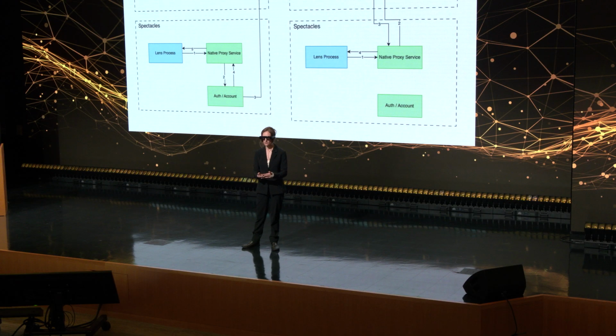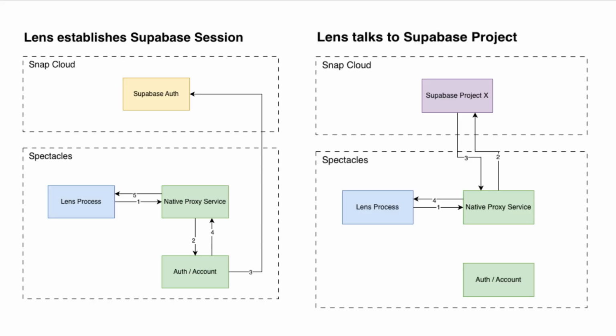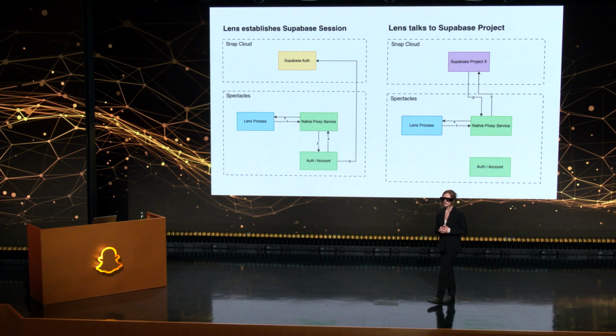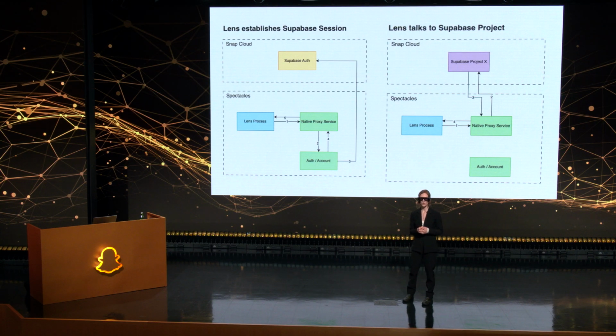Supabase verifies the token against Snapchat's OIDC provider, validates the project scope, and establishes a session. And from that point forward, all database queries, storage operations, and edge function invocations carry the user's authenticated identity, and RLS policies enforce access control accordingly.